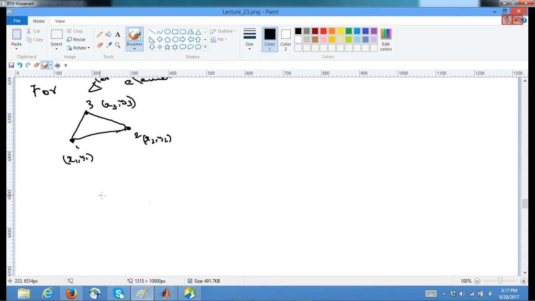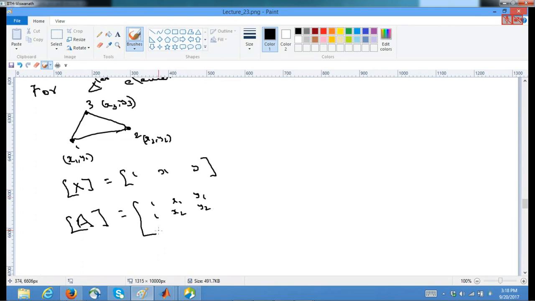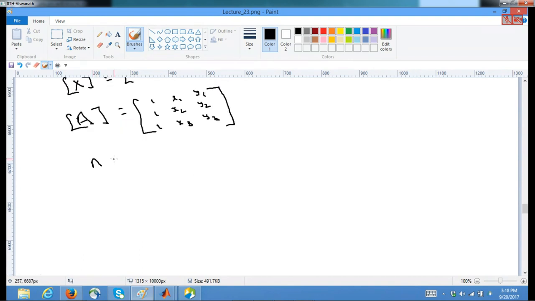In that case, your basis vector capital X would be 1, x and y, and your capital A would be 1 x1 y1, 1 x2 y2, 1 x3 y3, and your shape functions n are obtained from that.